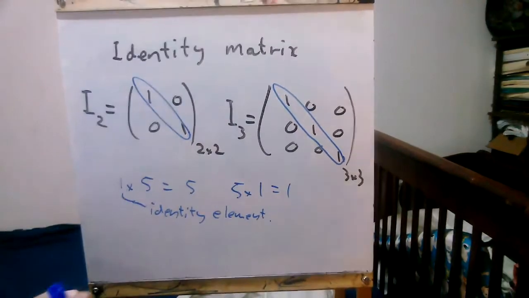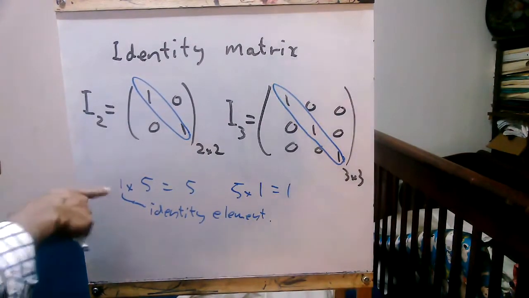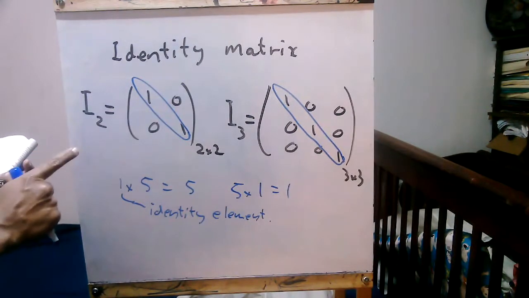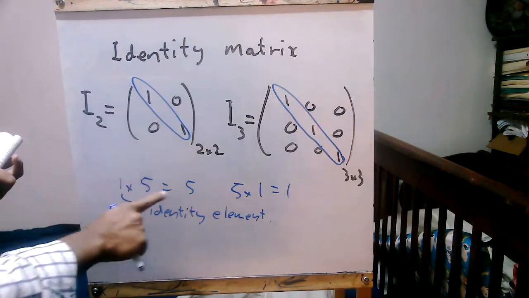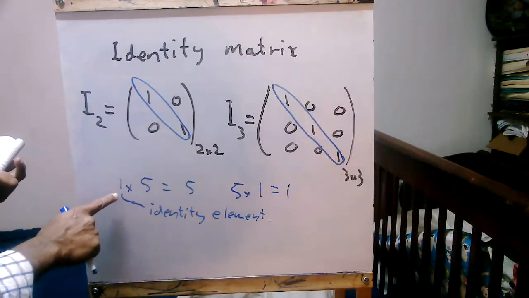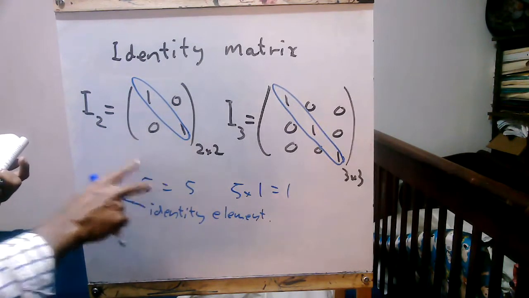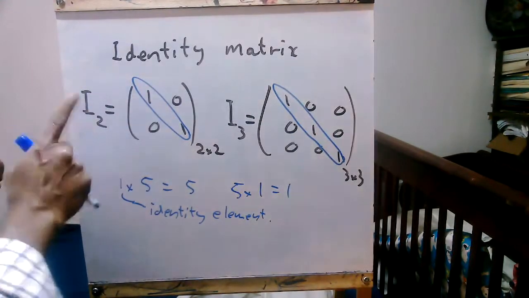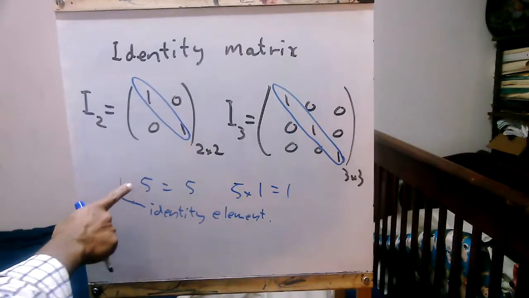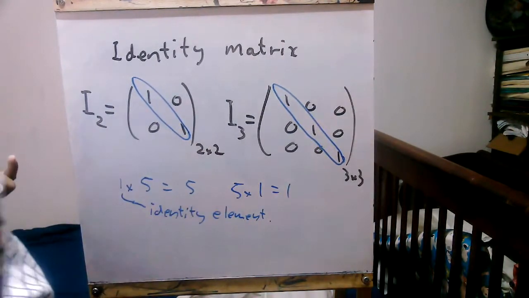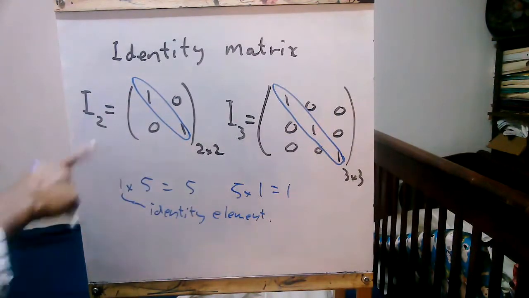In case of matrices, we have something similar to this identity matrix. The meaning is the same, that identity element times the matrix gives us the same matrix. The difference is, in multiplication between numbers, identity element is always 1.